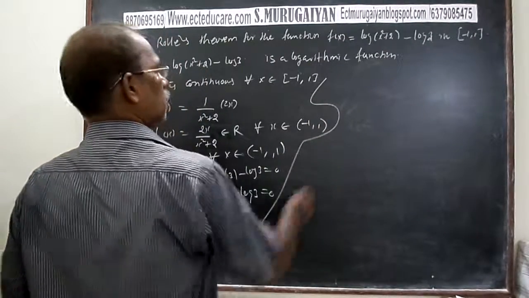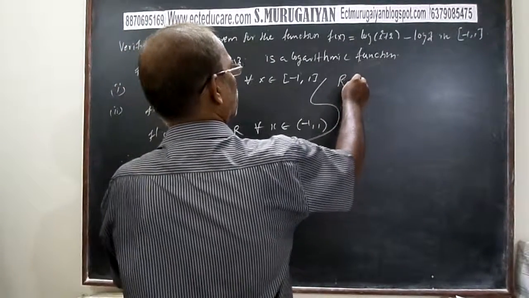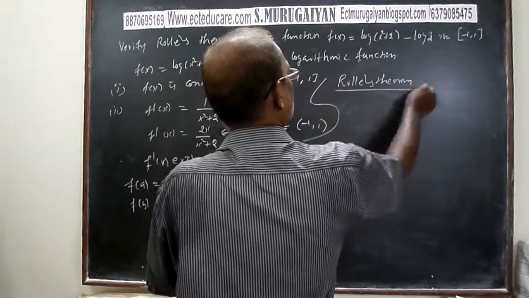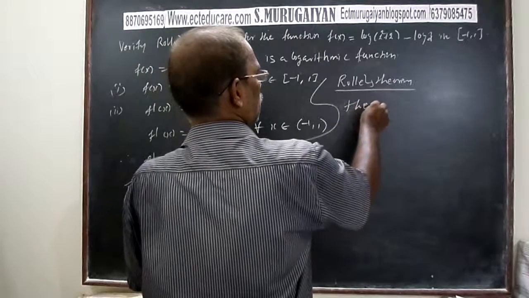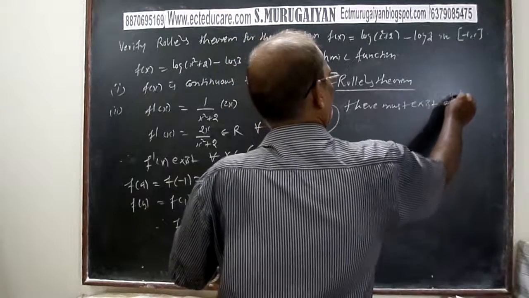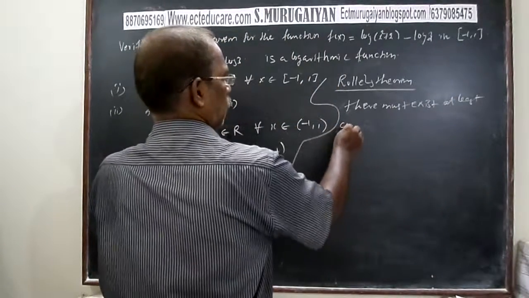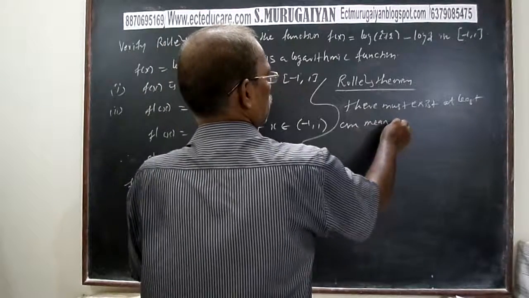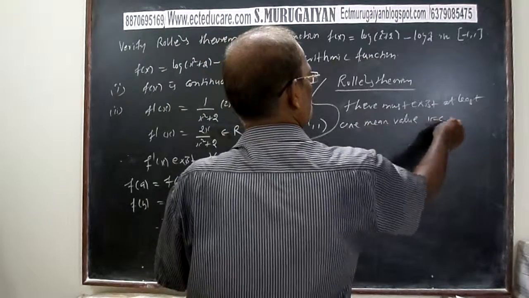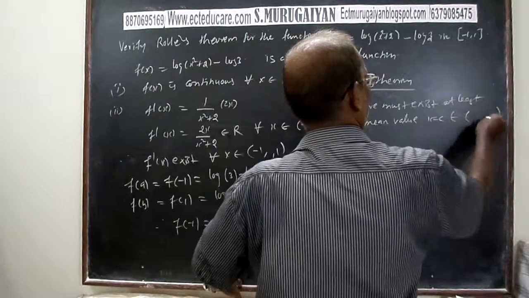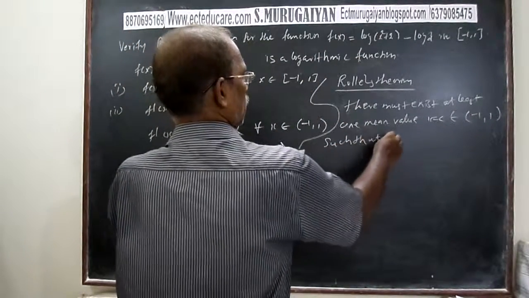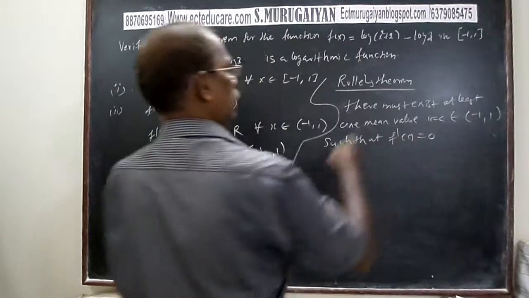So according to Rolle's theorem, there must exist at least one mean value x equal to c belongs to the open interval minus 1 comma 1, such that f dash of c equals 0.